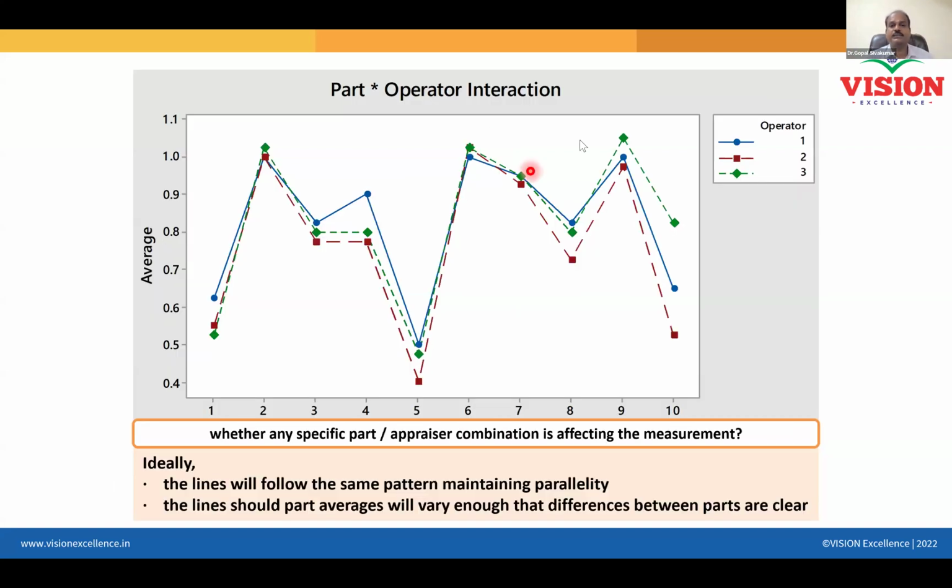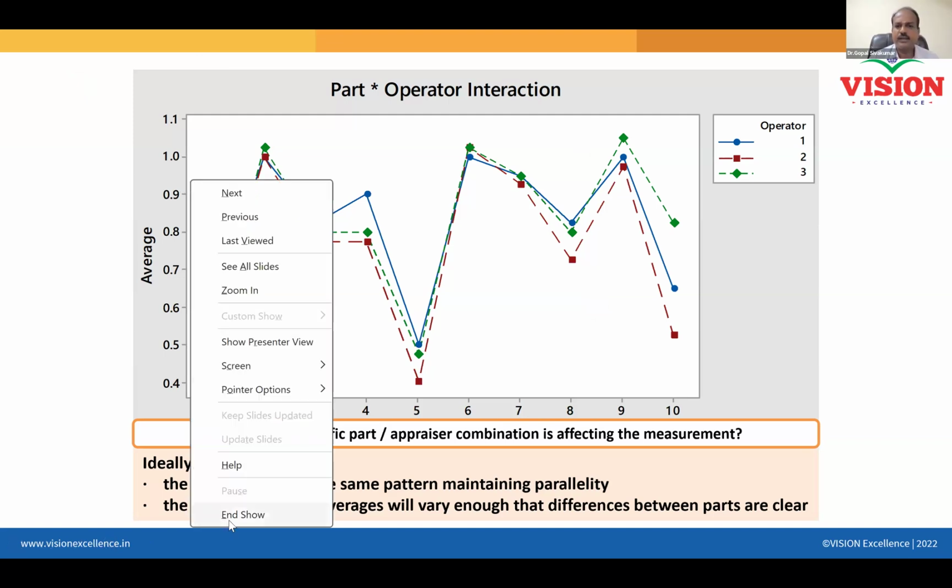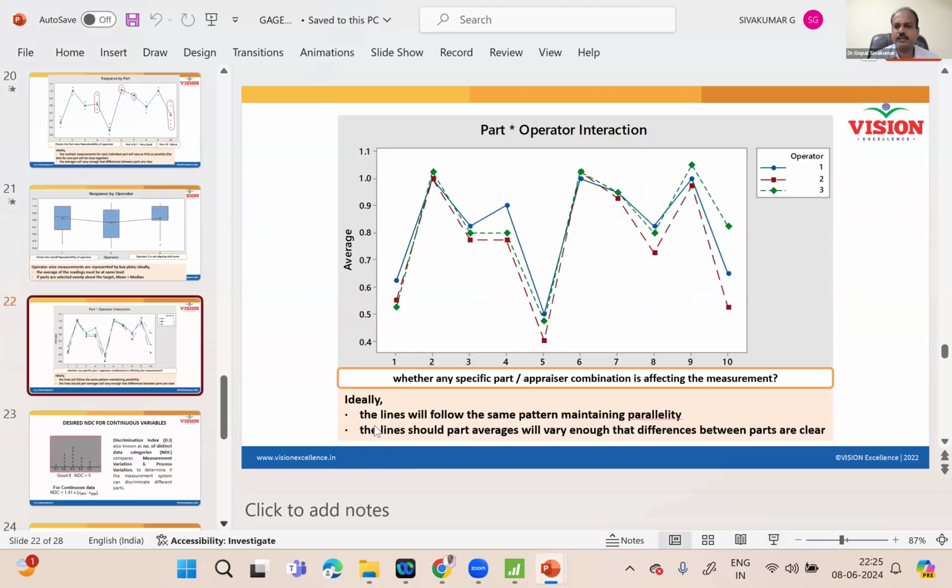How to read the 6 graphs? Yes, sir. So if you take these kind of actions, definitely you will be able to control the gauge R&R value, and hence the measurement system becomes acceptable. These kind of actions are required.